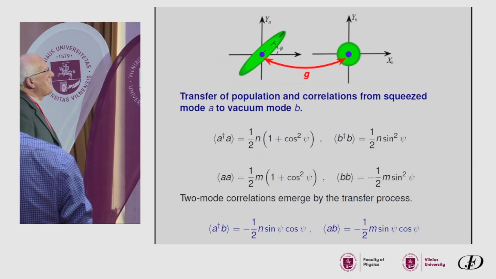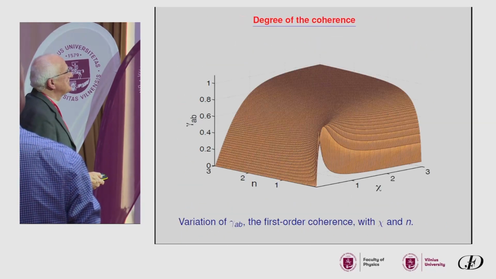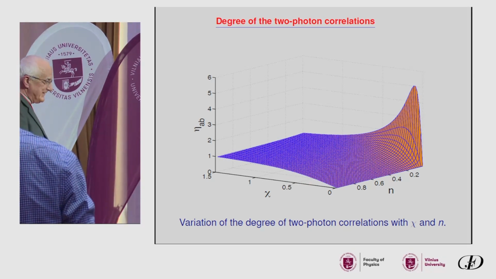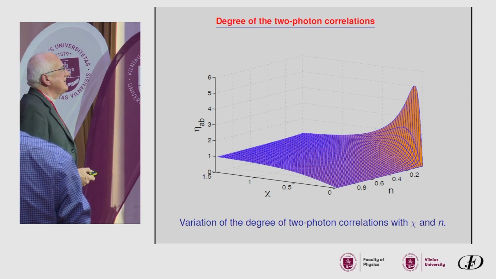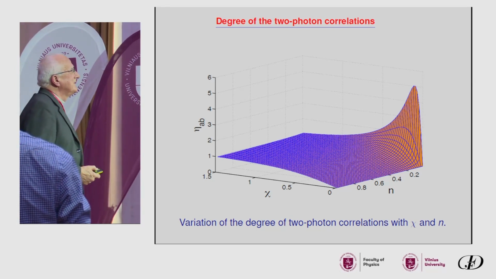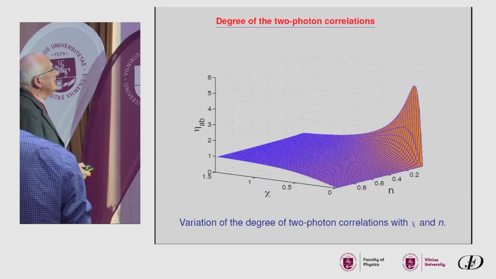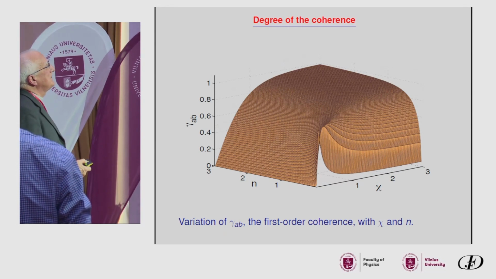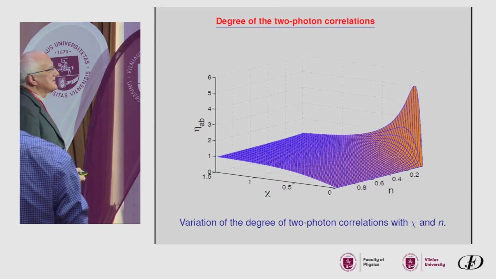Nonlinear is the opposite. I didn't have the time to talk about it, but here we have an opposite situation: nonlinear coupling is turning the modes to be highly coherent. You see, the degree of coherence is 1 when the coupling is strong, but it still leaves some classical correlations.